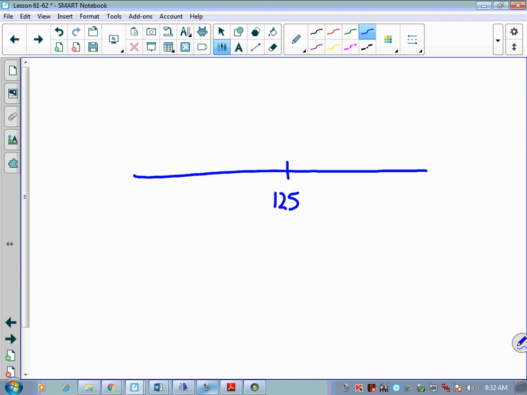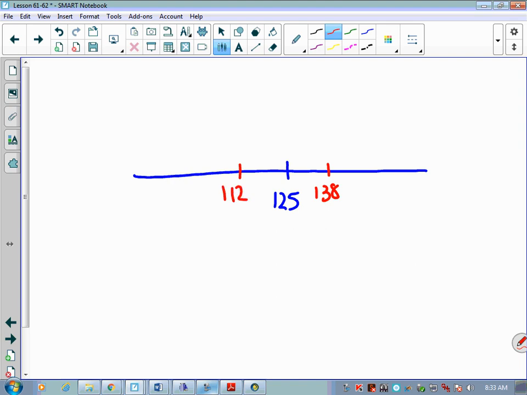All right, the next thing you want to look at is the standard deviation. The standard deviation here is 13, which means I'm going to go 13 above and 13 below, and that's one standard deviation from 125. So what is 125 plus 13, and what is 125 minus 13? 138? 138, yes, and then we need to subtract: 112.